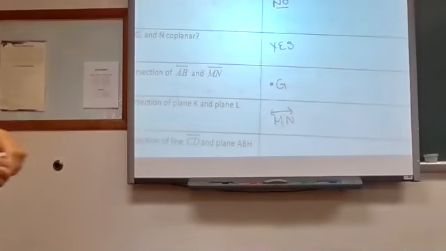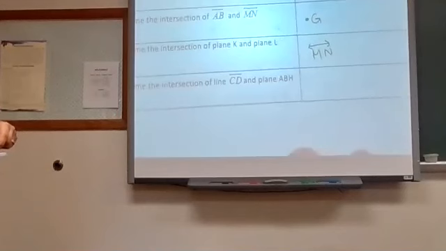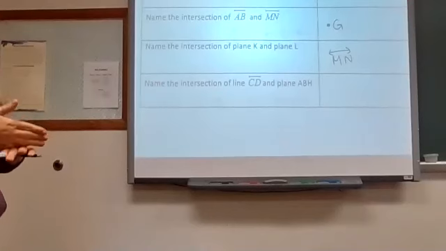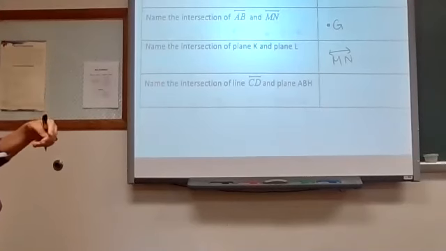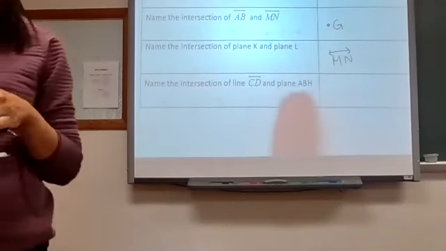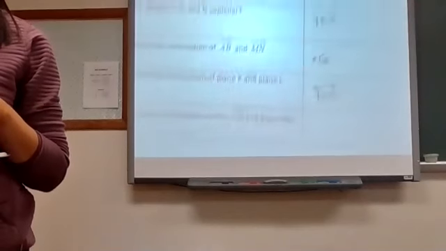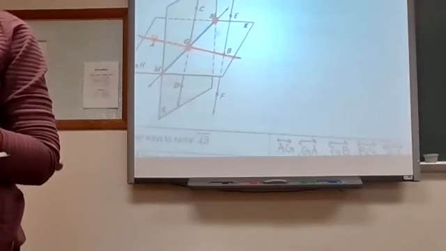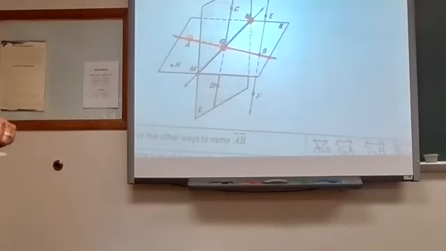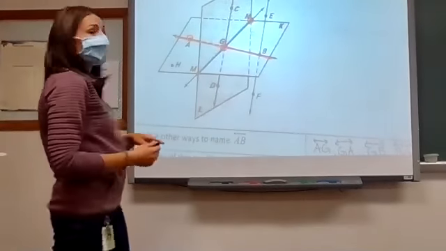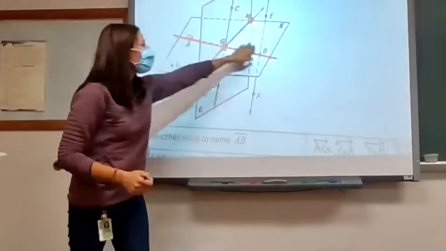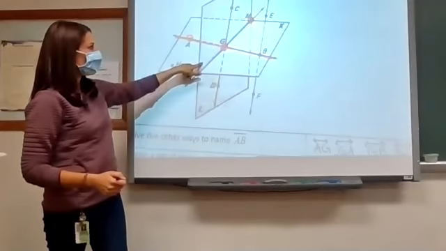Again, on our vocab on the first page, we talked about the intersection of a line and a plane, and that's the one where it depends. The line can be on the plane, or the line could not be on the plane. So let's look. It says plane ABH. First thing I'm going to ask you, where's H? Oh, I see it. Which plane is ABH? Is it K or L? K, yeah. A, B, and H is this white plane, not the shaded plane.